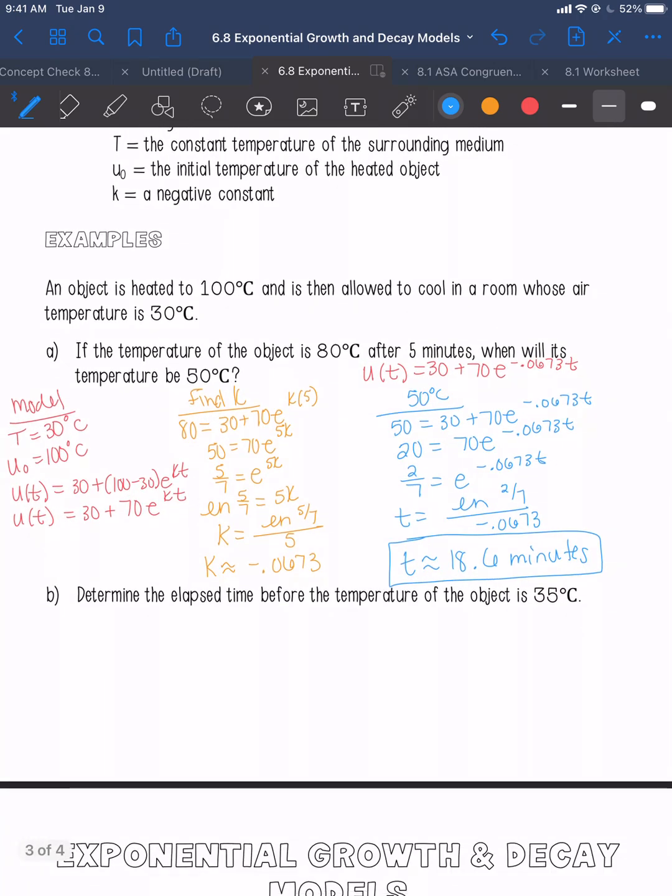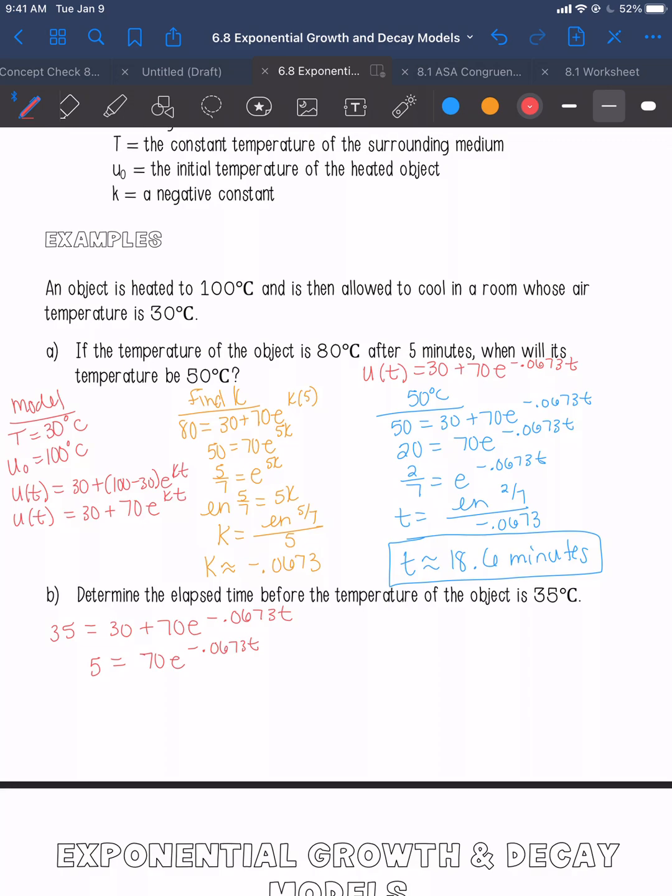Part B, determine the elapsed time before the temperature of the object is 35 degrees Celsius. So we have 35 equals 30 plus 70e to the negative 0.0673t. Subtracting 30, we have 5 equals 70e to the negative 0.0673t.